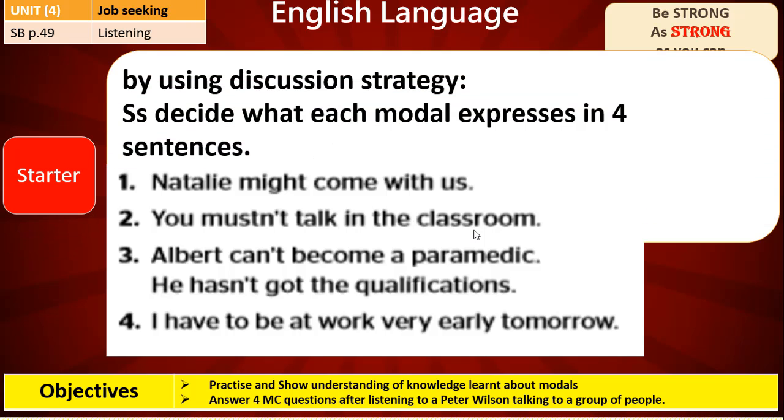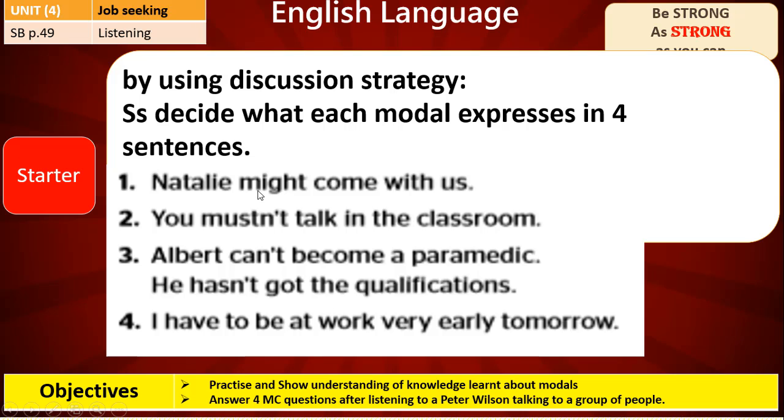Great, Radhi. And now I want you to tell me what each modal expresses in the 4 sentences just read by your mate. But first, point or tell me what are the modals in these sentences.